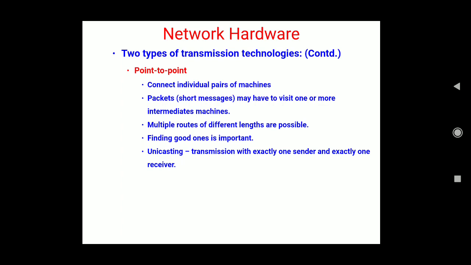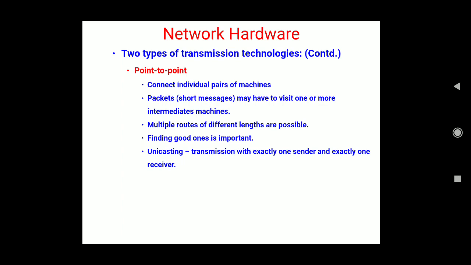For example, once again imagine ABC and ADC. So to reach machine C, machine A may either go via ABC or ADC. So multiple routes are possible.